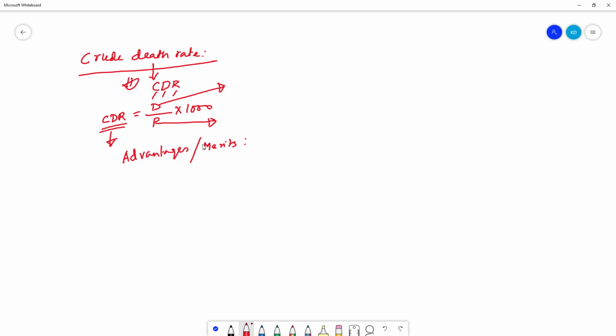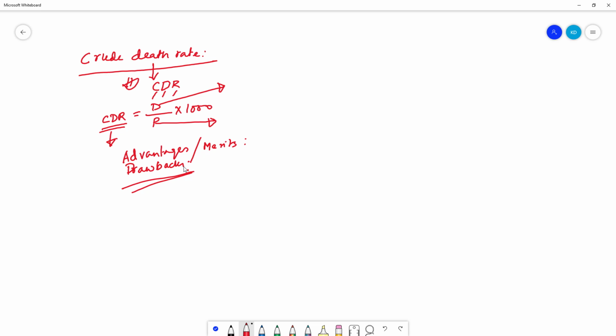And demerits, drawbacks or disadvantages are: mortality depends very much on the compositions of the population by age, sex, occupation, place of dwelling, race, etc. But CDR does not consider any of these facts.